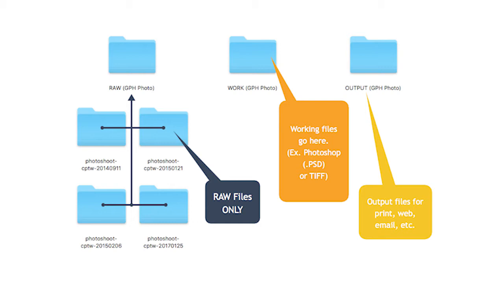And I can't iterate enough and reiterate enough that you need to have multiple copies of your files, which means you want to have multiple backups. In an ideal situation, you'll have one on your computer, you'll have one on an external hard drive, and then maybe you'll have another copy of the whole thing in the cloud, on Dropbox or Box or one of these other remotely accessible services.